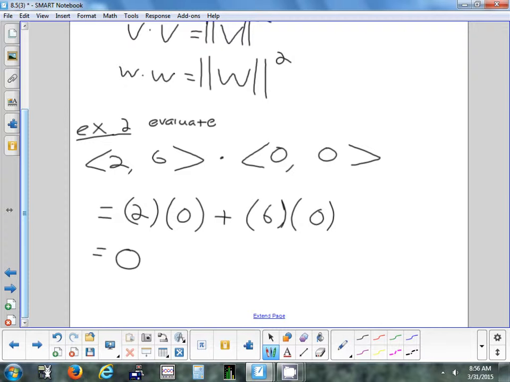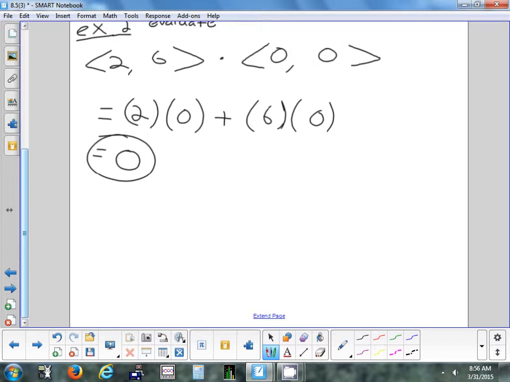A resultant vector, exactly. So when you add two vectors, you get a vector. When you do a dot product, your answer is not a vector, it's just a number.